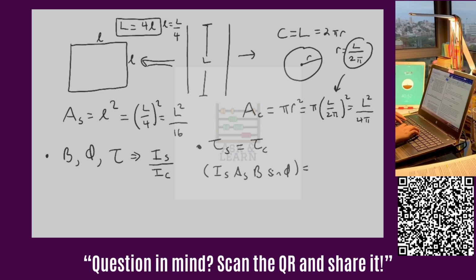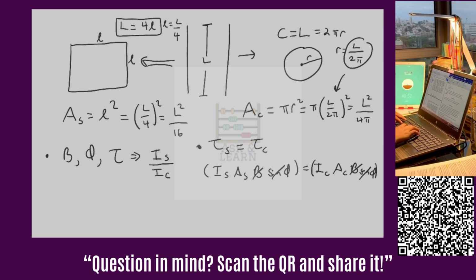Now, that's got to be equal to the torque on the circular loop, which is going to be the current through the circular loop, multiplied by the cross-sectional area of the circular loop, multiplied by the magnetic field, multiplied by sine of the orientation angle between the area and the magnetic field. Now, you can see that the magnetic field term and the orientation term are the same for each of these. So they cancel out. We can divide them out on each side of the equation.